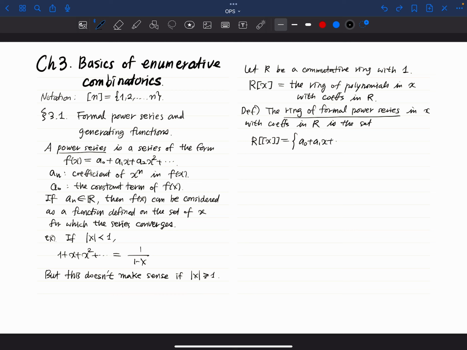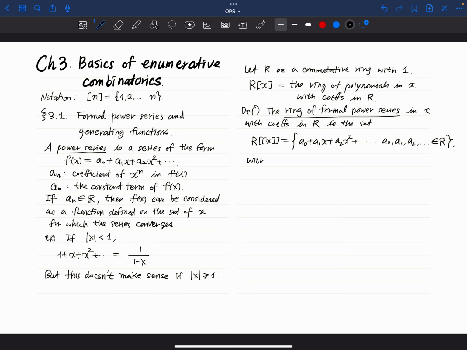Okay, so let me write this down. So it's an infinite series like that, where the coefficients are all in the ring. So they are ring elements, and because this is a ring, we have to define what the addition and multiplication are.